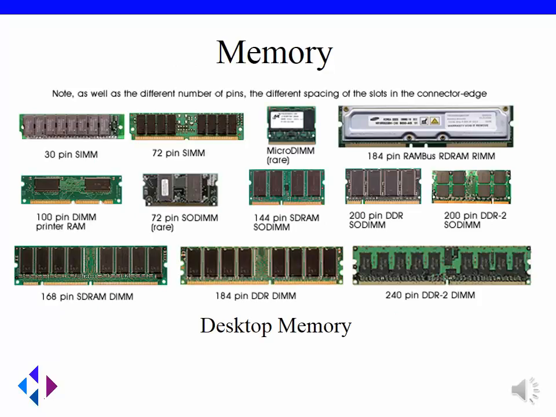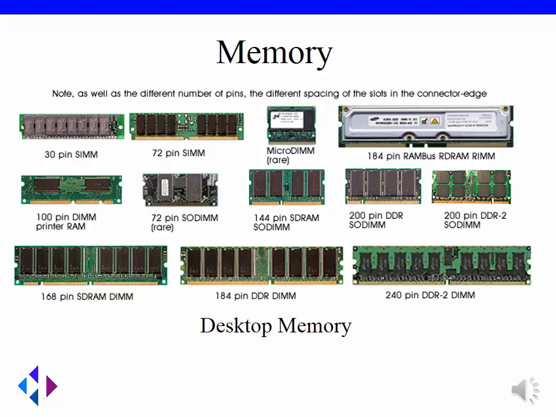Here we have memory, otherwise known as RAM. Throughout the legacy environment is where you saw the 30-pin and 72-pin SIMMs. That would be circa 1990s, and they were very expensive at the time. Normally a couple hundred to into the thousands of dollars a piece.